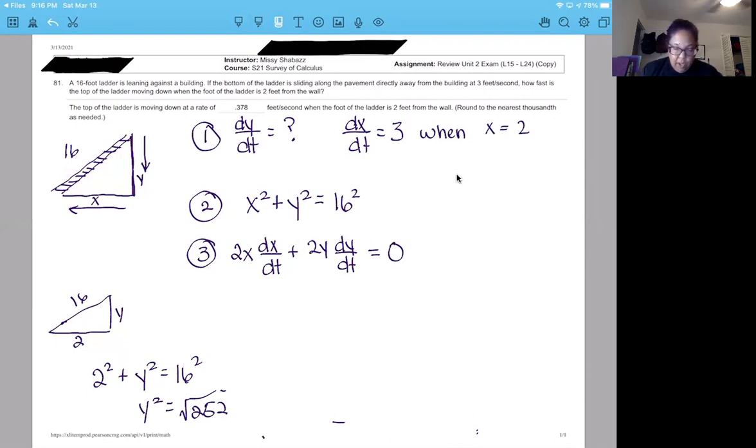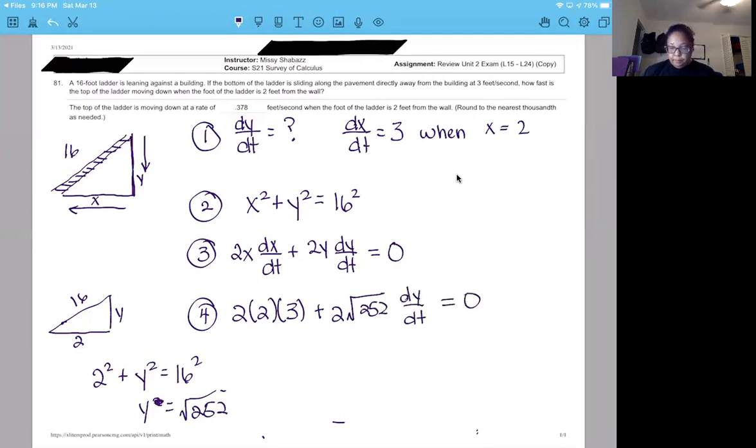All right, so I'm going to plug in now. So I have 2 times x, which is 2, times dx/dt, which is 3, plus 2 times y, which is the square root of 252, times dy/dt, which is what we're looking for, equals 0.